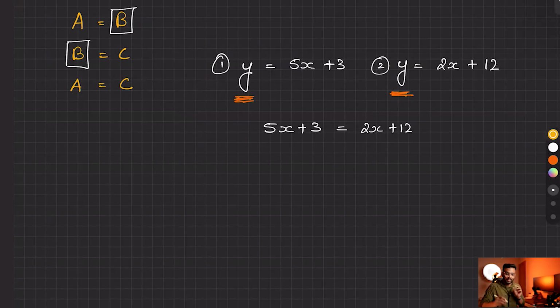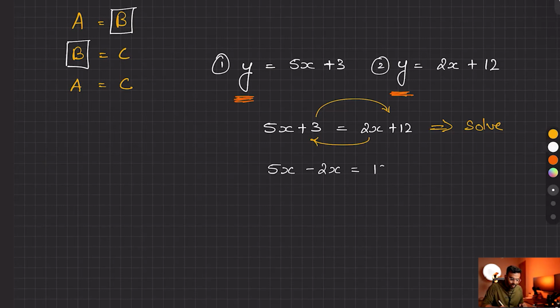The idea to solve this one is to keep all the x terms to one side and all the numbers to the other side. So 3 goes there, 2x goes here. Can I write 5x minus 2x equals 12 minus 3? I just grouped it.